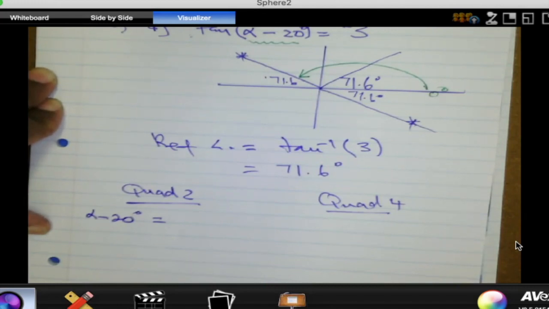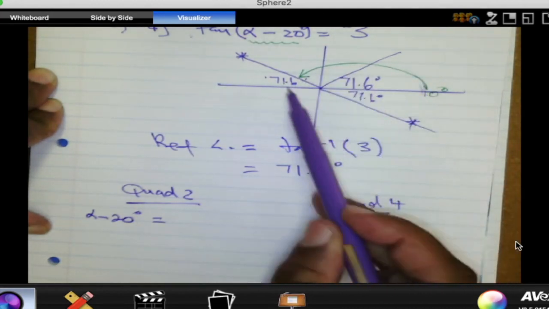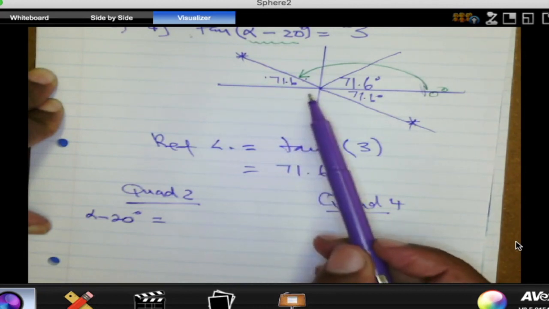How many degrees is that? We're measuring from 0 degrees up to there. If this one is 71,6, then that should be 180 subtract 71,6, right?